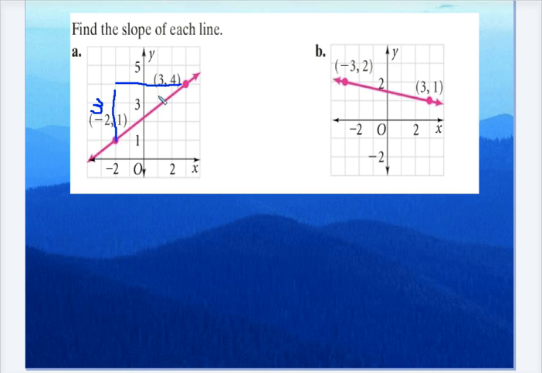And then your run is 1, 2, 3, 4, 5. Therefore, the slope of the line is going to be 3 on top and 5 on the bottom. That's a positive slope. Anytime it's going up to the right, we'll cover all this. We'll summarize it at the end.